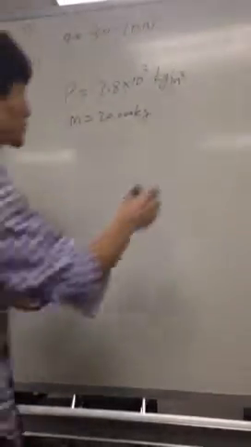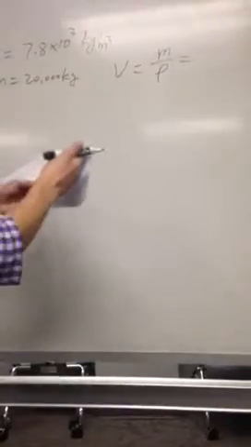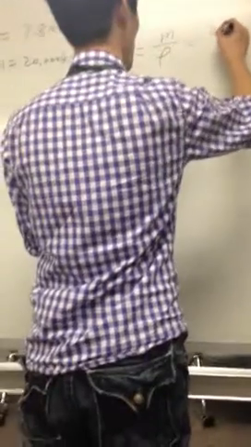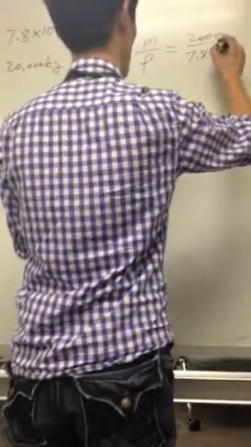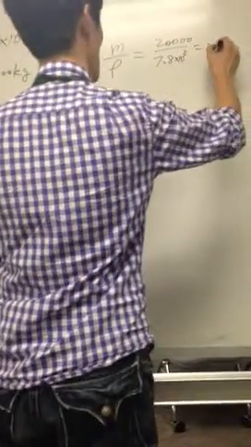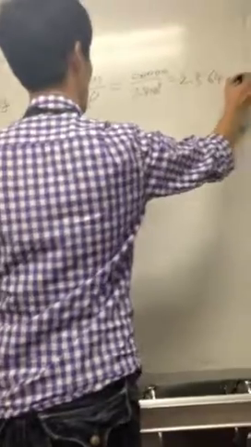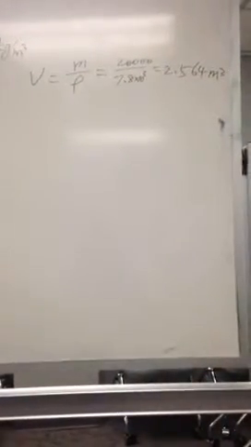So the first thing we need to calculate is the volume, right? It should be the mass over the density, okay? If you calculate, you plug in the numbers, 20,000 over 7.8 times 10 to the 3, 2.564 cubic meter. So that's the volume of the submarine.